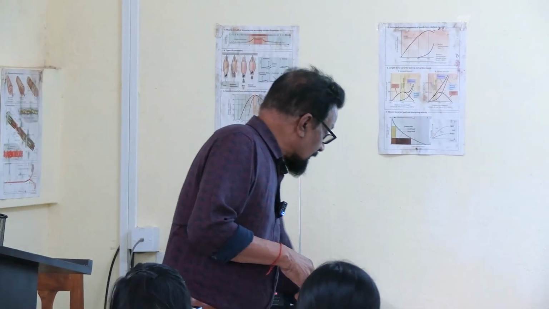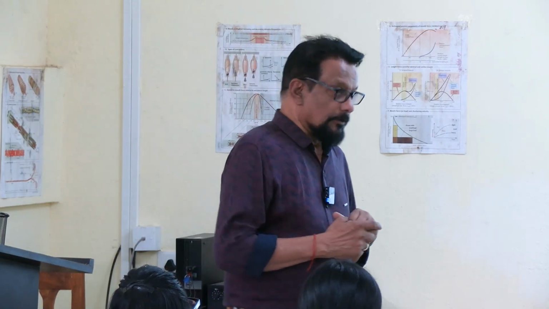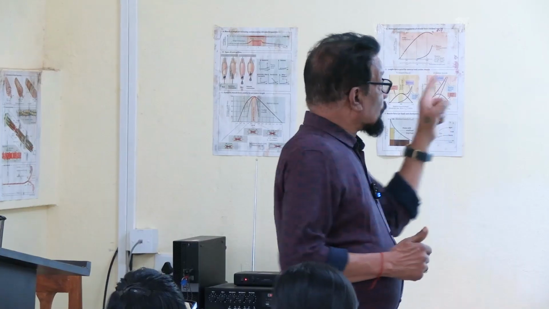Another feature: the heart has three layers. The outer layer is the epicardium, then the myocardium, and the innermost layer is the endocardium. For coronary circulation, the main arteries remain superficial, that is, in the epicardium, and they produce branches.